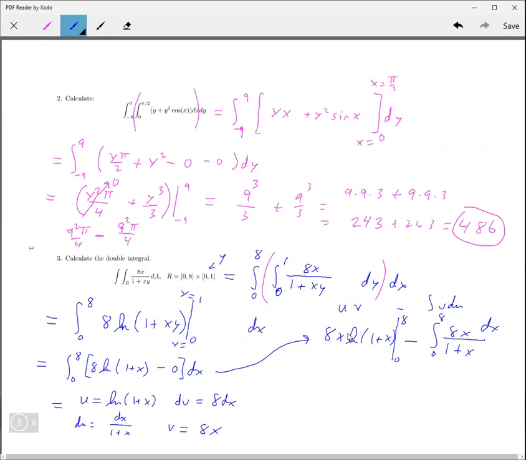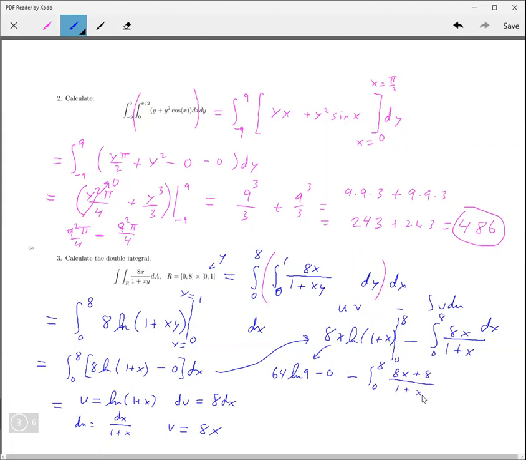Okay, so if we plug an 8 in, then we get 64 log of 9, and then minus 0. Okay, that's that part. This part here, what I like to do is think, man, I wish there was an 8 over here, right?